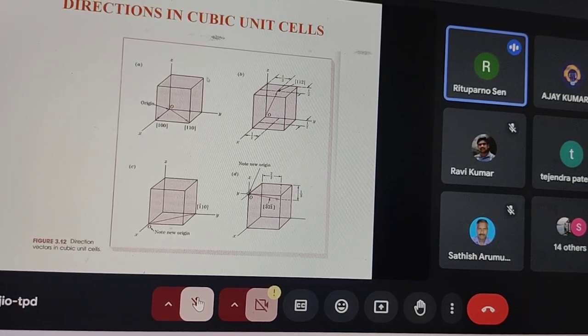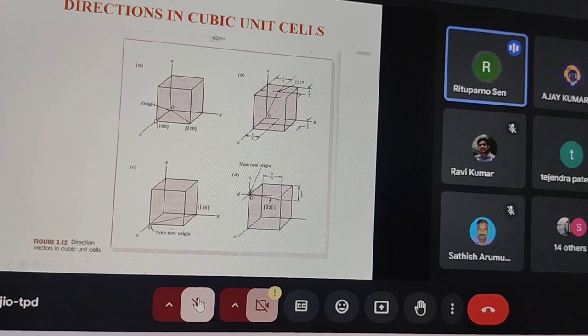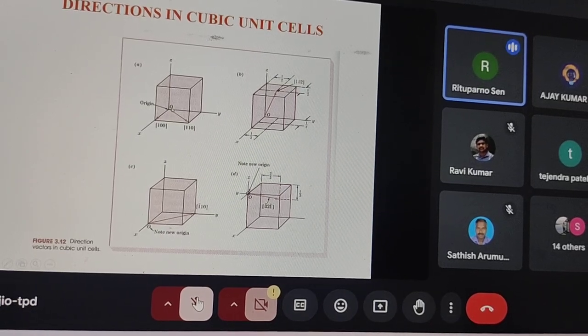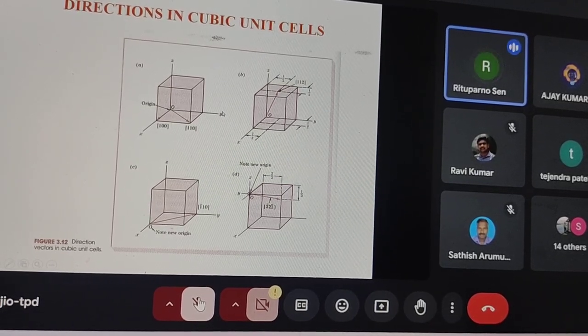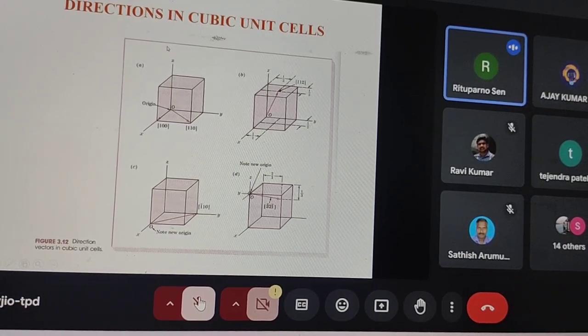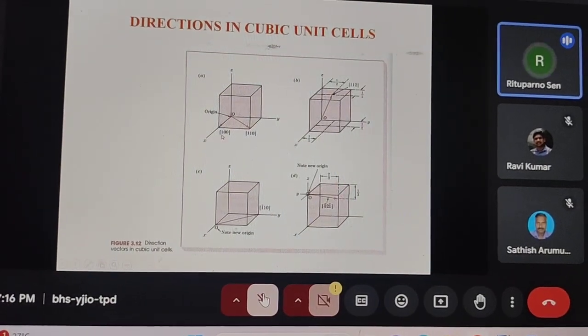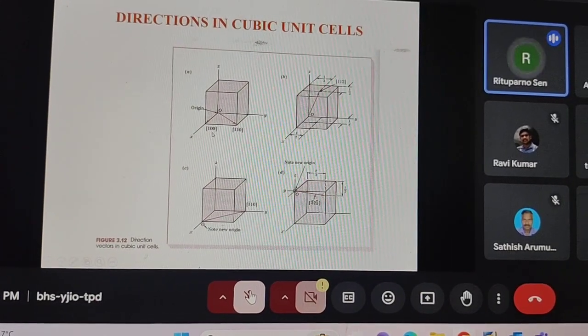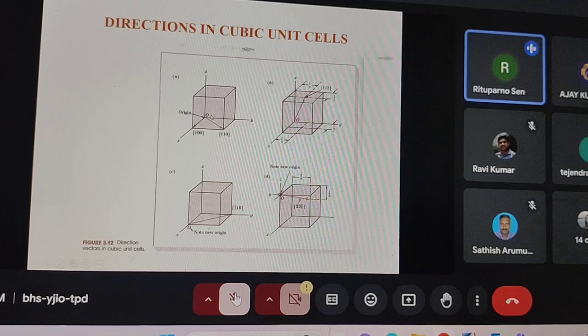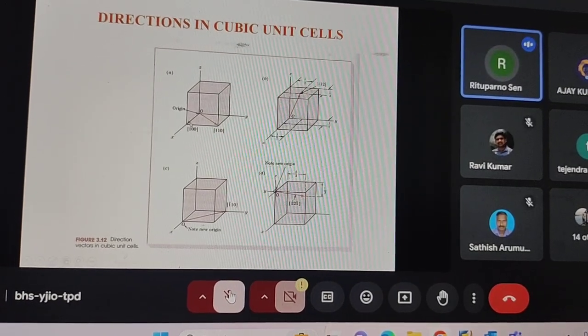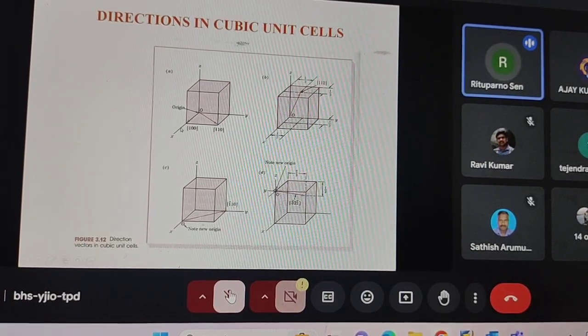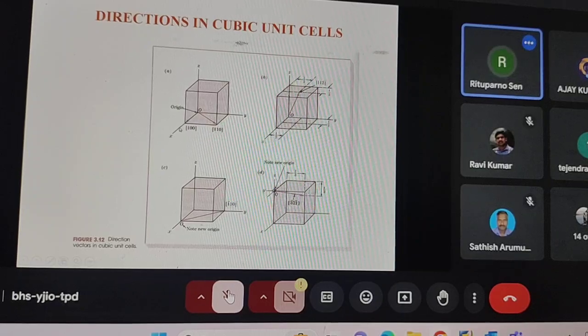So this is 1, and you have not moved towards the y, and you have not moved in the z direction also. So this is 1, and then 0 and 0. If you notice this vector, this is the 1, 0, 0 direction in the cubic lattice.